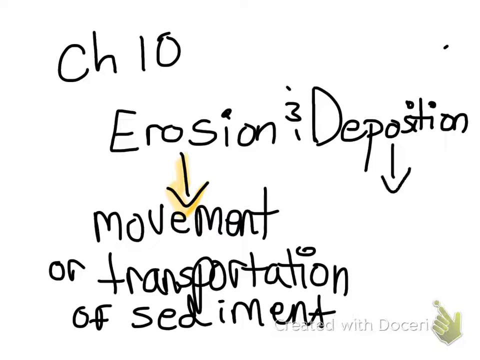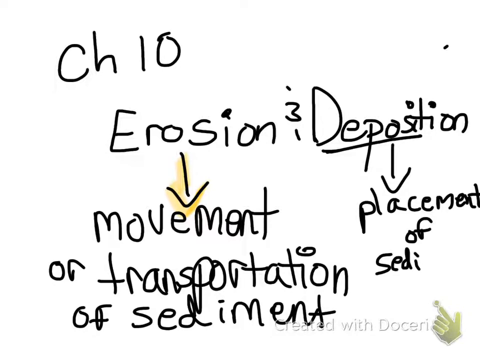Deposition, we're talking about just where we set the stuff down, right? So deposition has that root word deposit in it. So it's the placement of sediment. So when you go to the bank and you deposit money, you're putting money away in the bank.